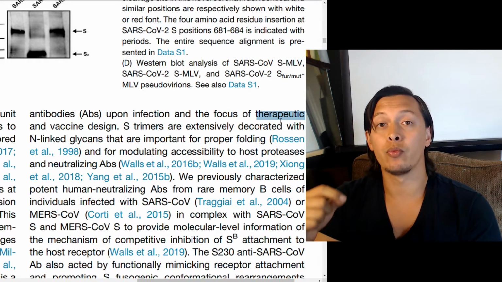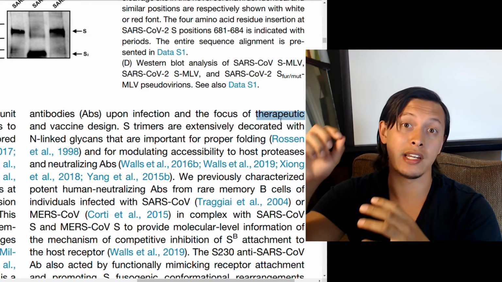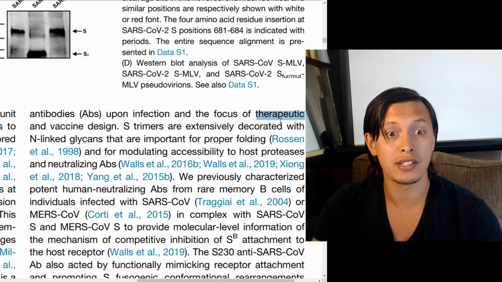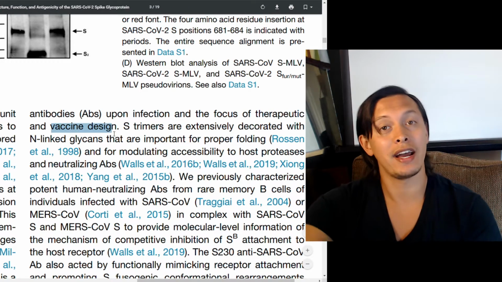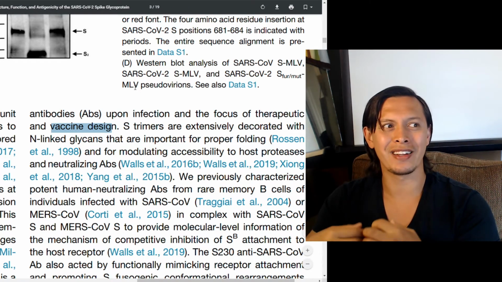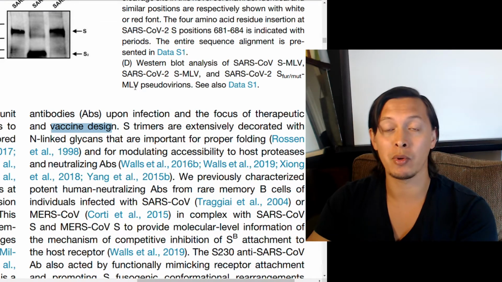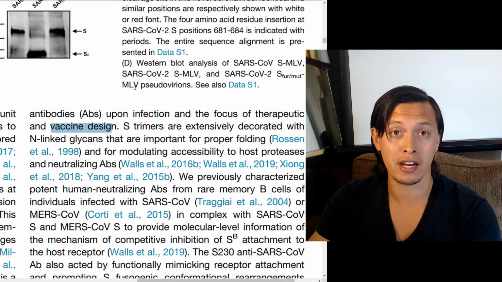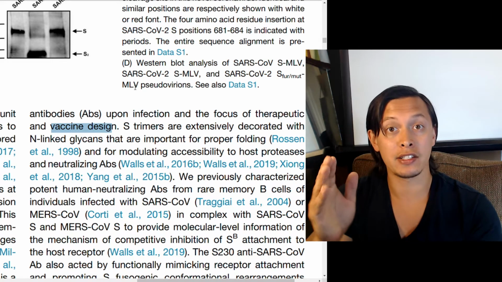The reason is that since it's exposed on the virus, it's an easy target for drug design. And likewise for vaccine design, because when we design vaccines, we would like the vaccines to create antibodies, and an easy target for those antibodies are the shapes that we see on the S protein.